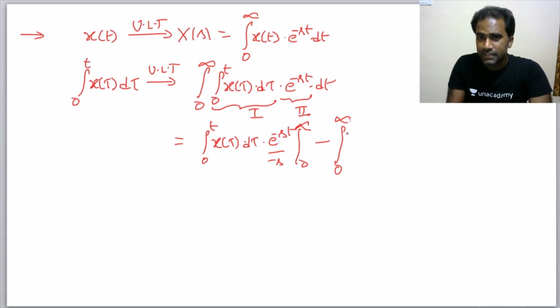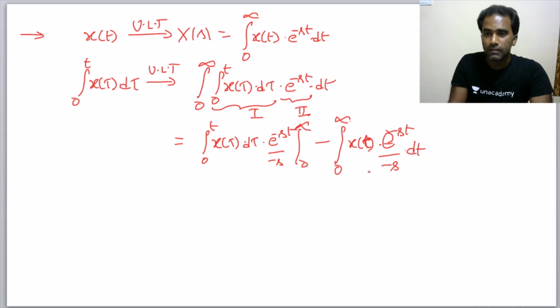If you differentiate the first part, we get x of t, because the upper limit is t. And the second part is integrated once, e power minus st divided by minus s dt.